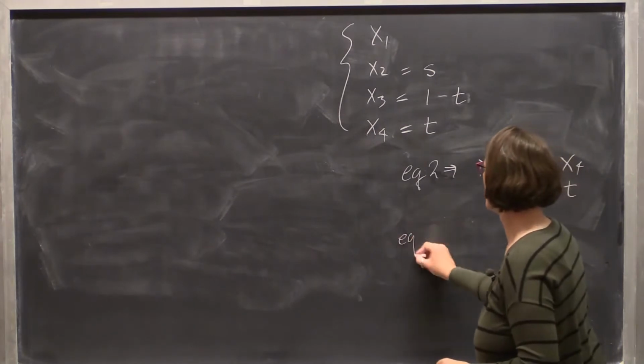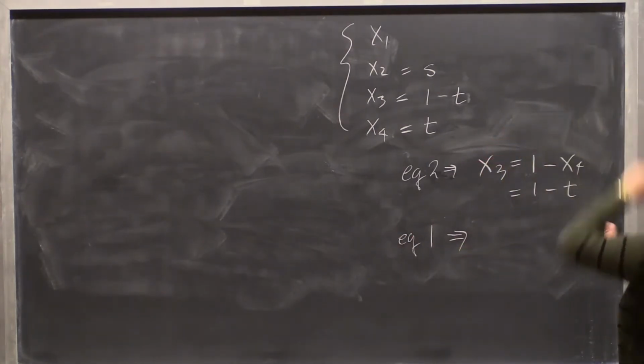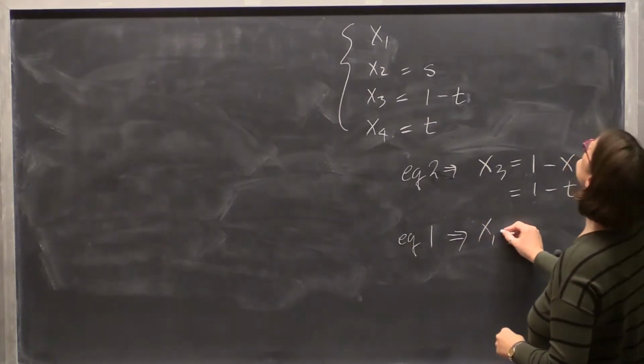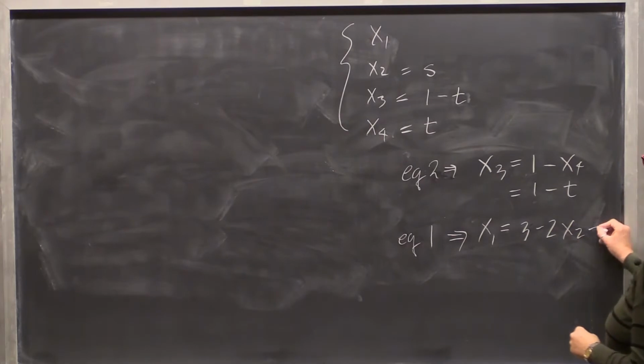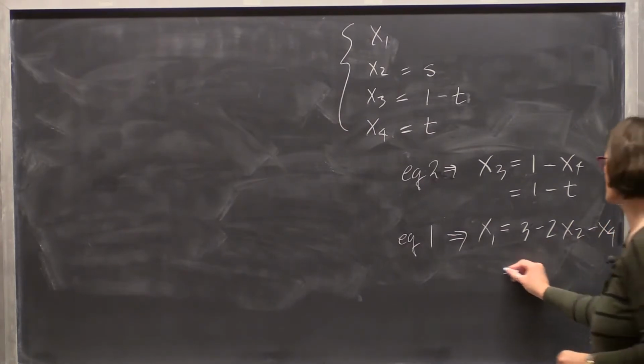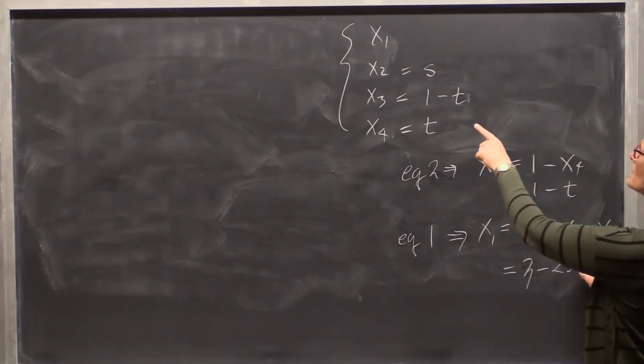From equation 1, we have x1 is equal to 3 minus 2x2 minus x4. So that is 3 minus 2s minus t.